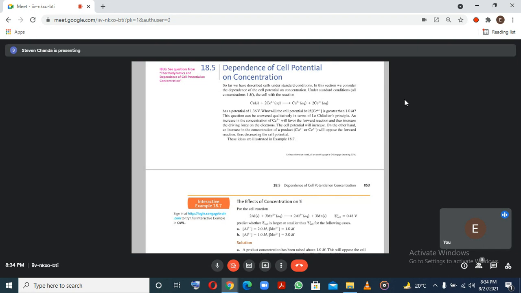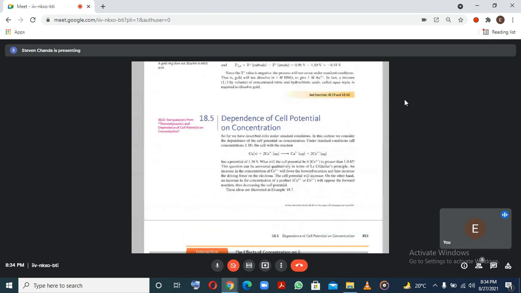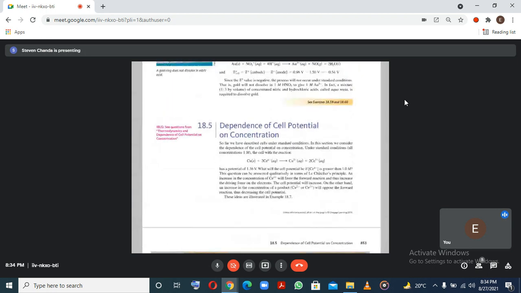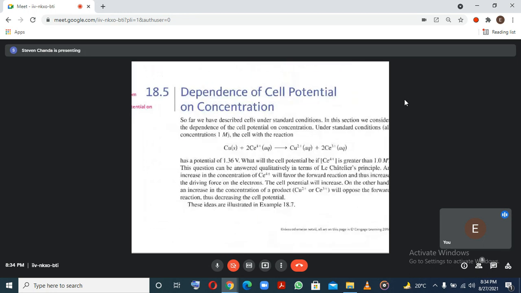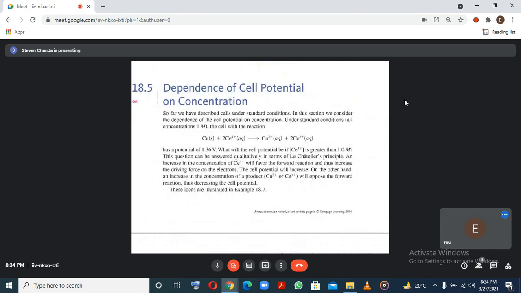So let's now look at this particular reaction. Let's zoom it so that we only have one equation showing. When you look at that particular reaction, it's got a cell potential of 1.36.